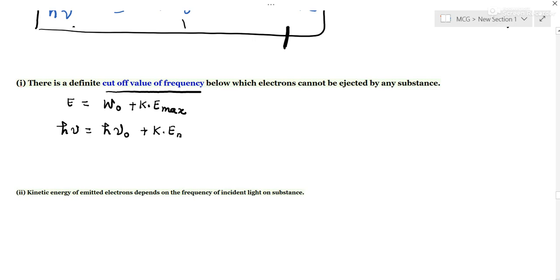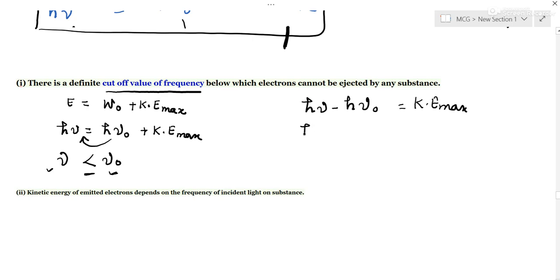Now you will say let the frequency of incident light be less than the cutoff frequency. What does it mean? If you take this to the other side, h nu minus h nu naught is equal to kinetic energy max. H is common, so nu minus nu naught is equal to kinetic energy max.